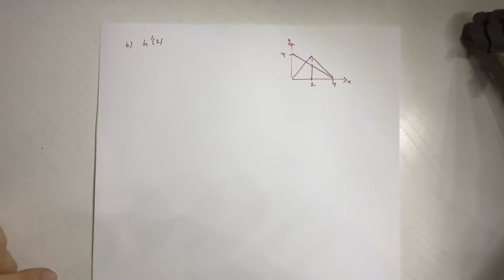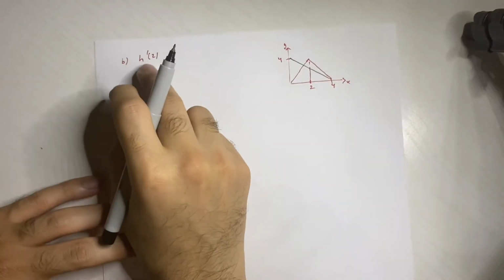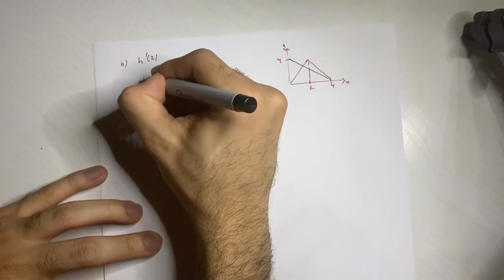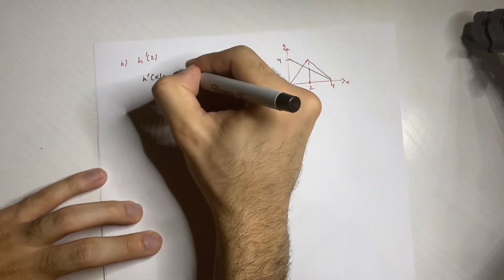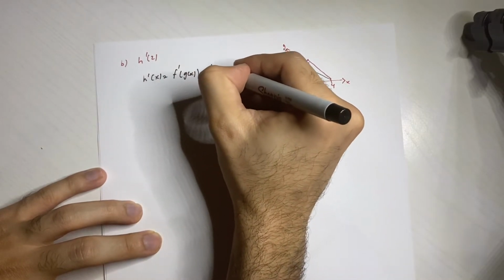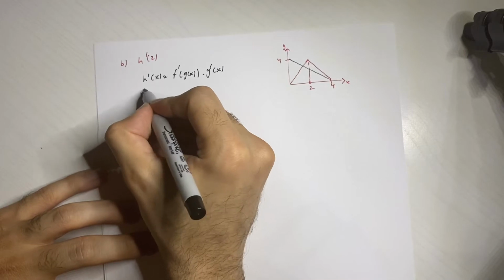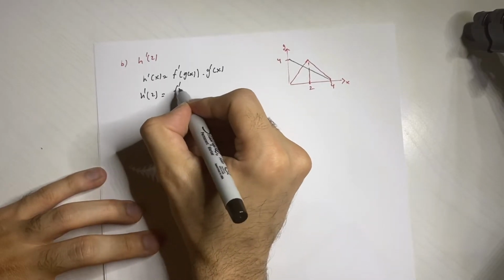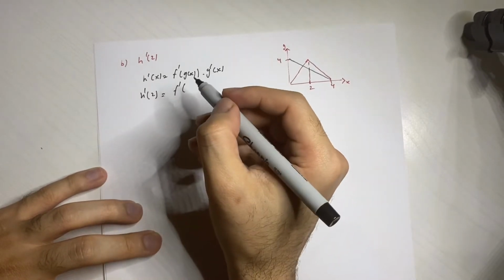So here, part B, we have to find h prime of 2. So we want to evaluate the derivative of the function h at x equal to 2. So what we can use is the chain rule in here.